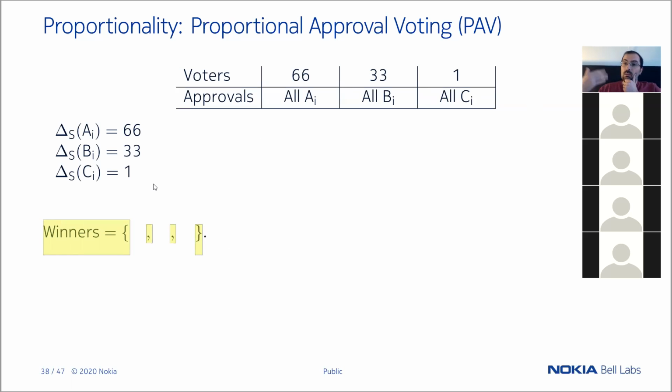And what is the score increase that I will get by adding a candidate? If I add a candidate of type A, I will improve the score by 66, because every voter of type A will increase happiness by 1. Similarly for B and for C. So of course, it's better to add a candidate of type A. And for example, I will take A1.